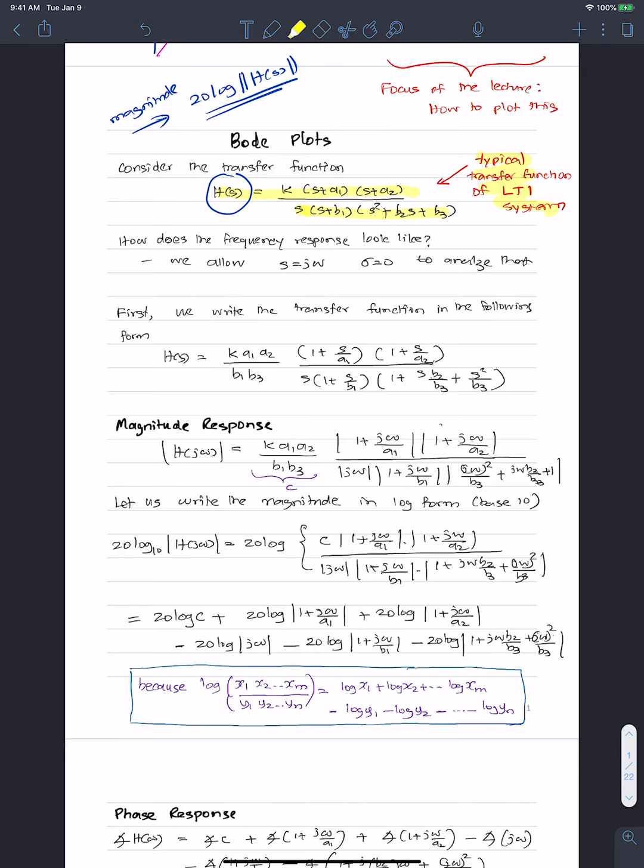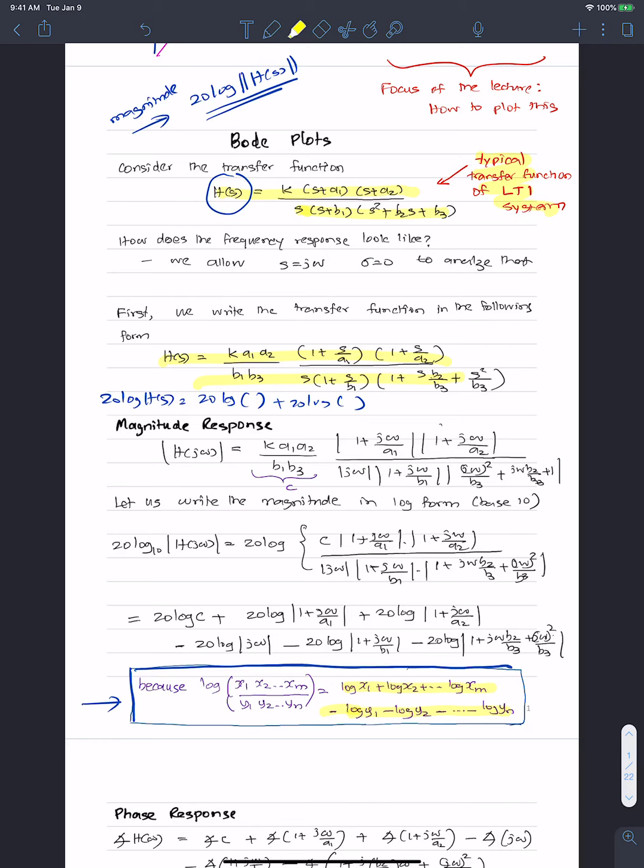Instead of H(s), if I take 20 log of H(s), you will see it is 20 log of one component plus 20 log of a second component, like that. As shown in the box here, the log of x1 times x2 times xm divided by y1 y2 yn can be written as summations.